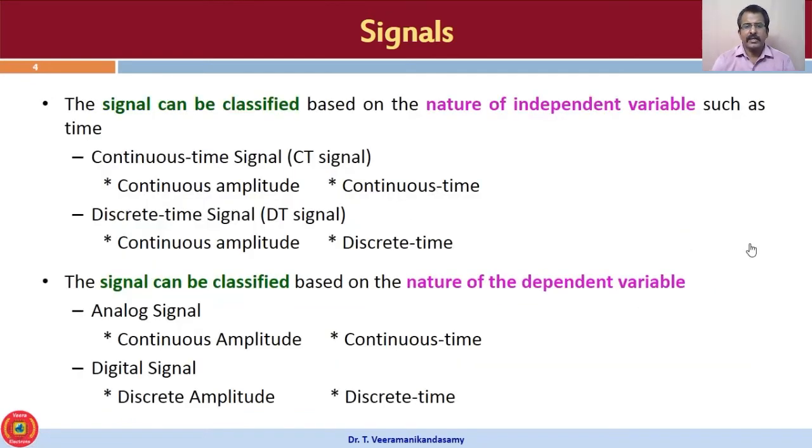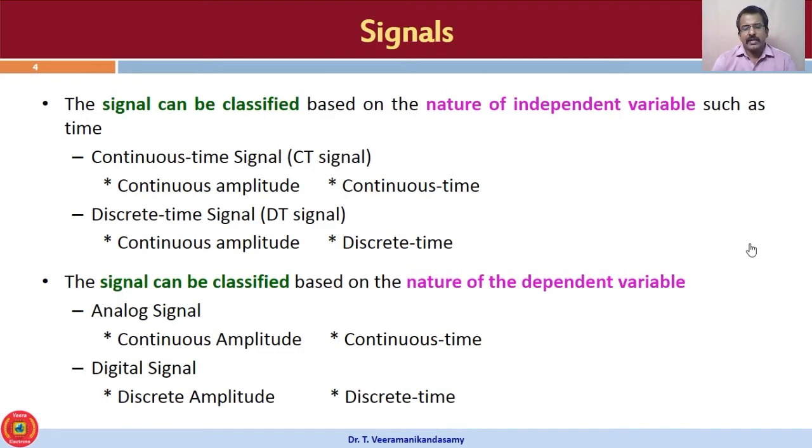Signals can be classified based on the nature of the independent variable, such as time. They are continuous time signals, that is CT signals, and discrete time signals, or DT signals. A continuous time signal has continuous amplitude with respect to continuous time, and a discrete time signal has continuous amplitude with respect to discrete time.